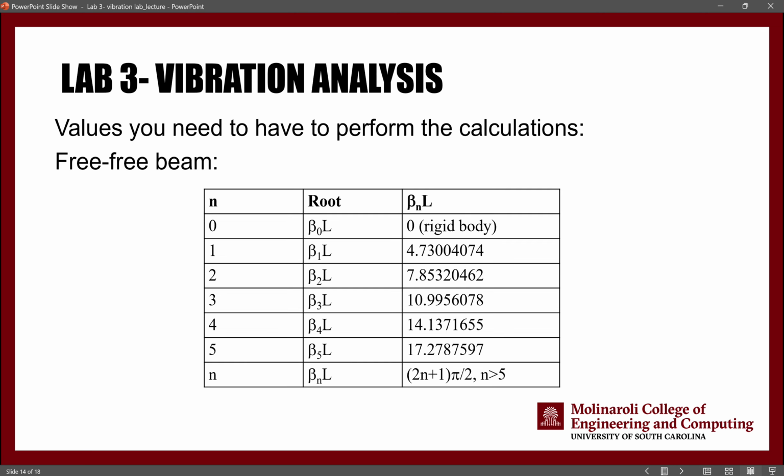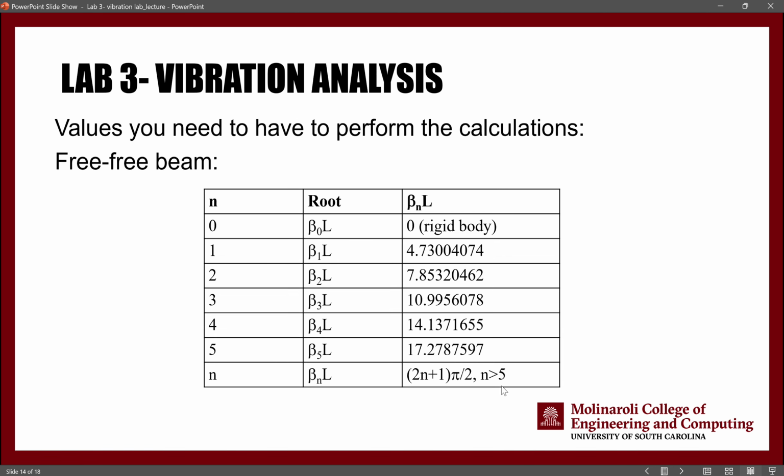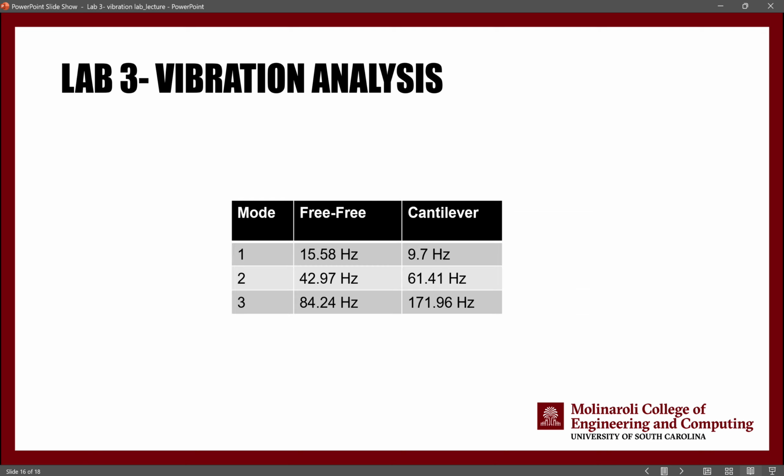Okay, so I've given you the beta values for the free beams right here. We are going to go up to the third mode of vibration. So beta 3L. And then if you want to go even higher, this is the formula you have to use for your beta multiplied by L. And for the cantilever beam, values for beta are like this.